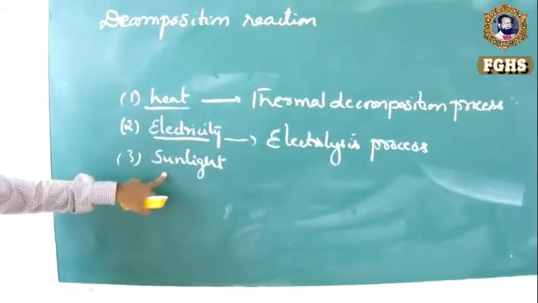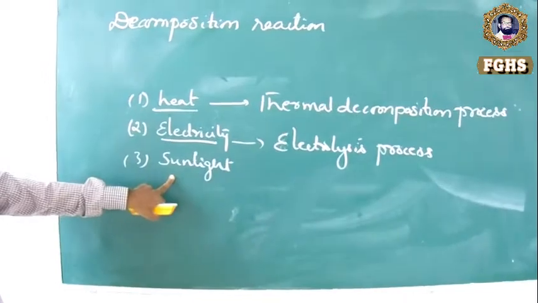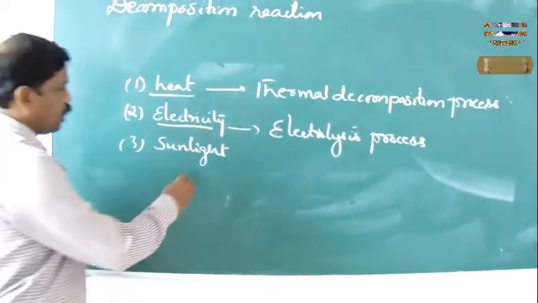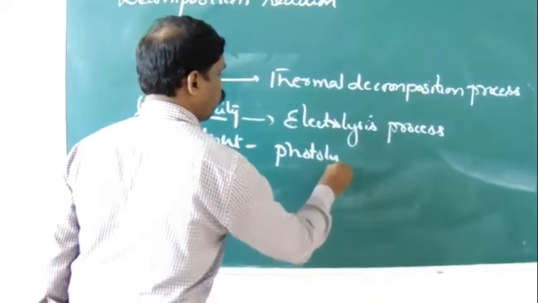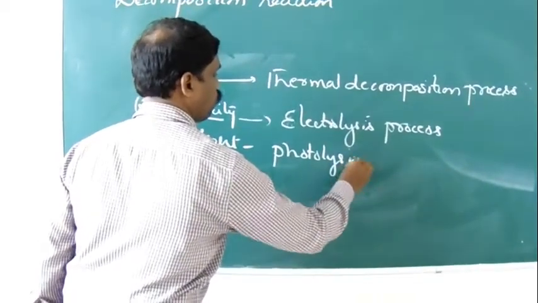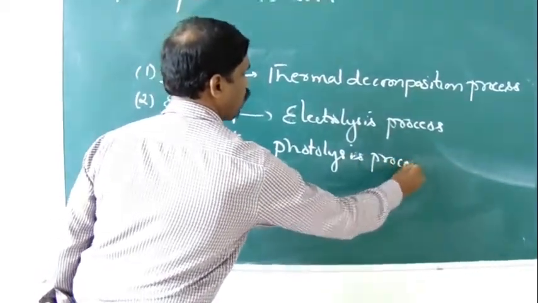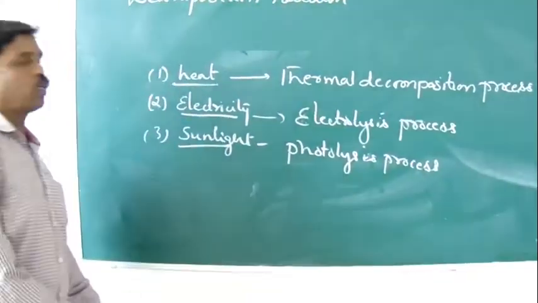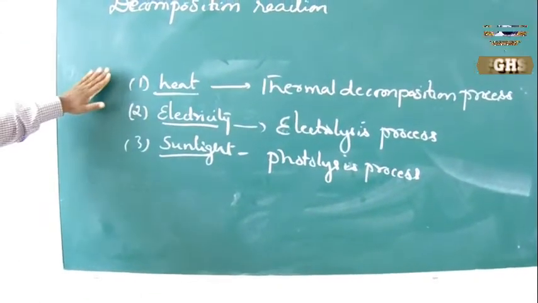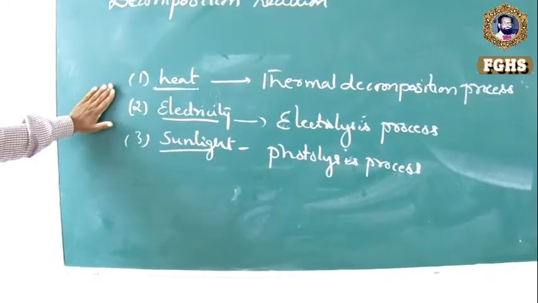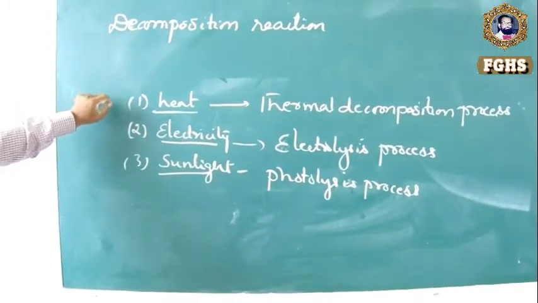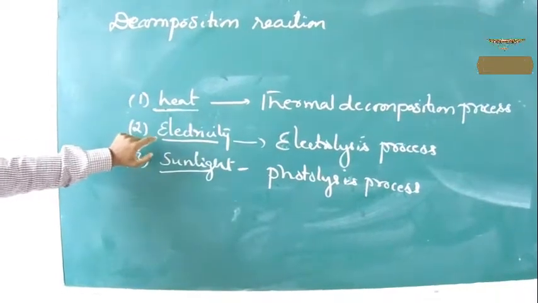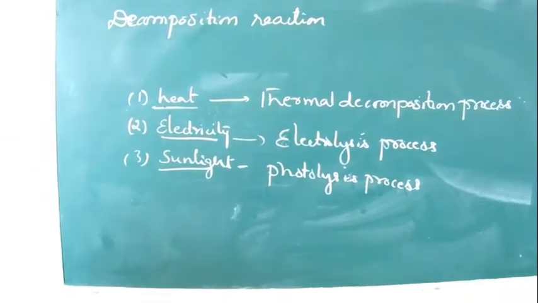If it takes place with the help of sunlight, then it is called photolysis process. From this we can understand decomposition reaction can be carried out using heat or electricity or sunlight.